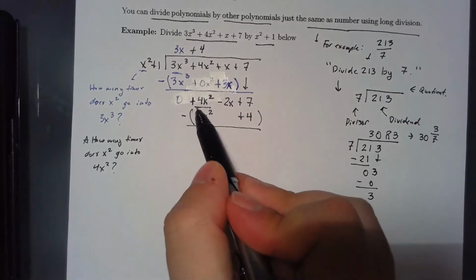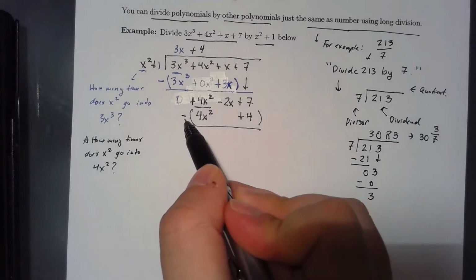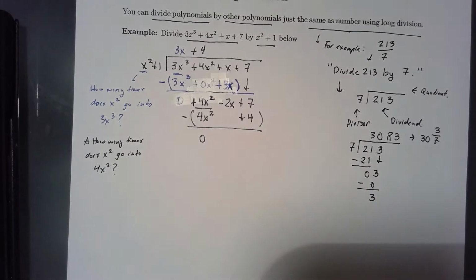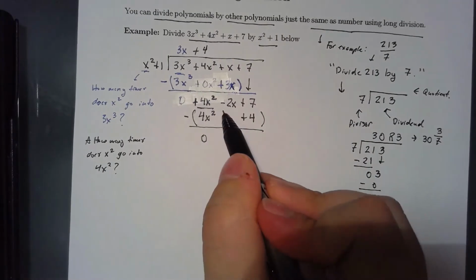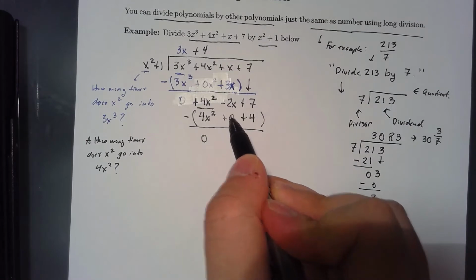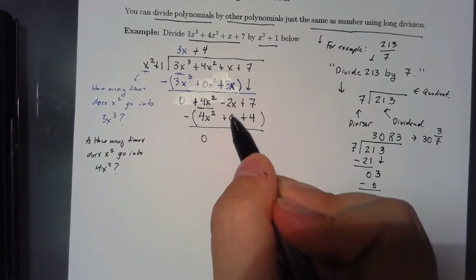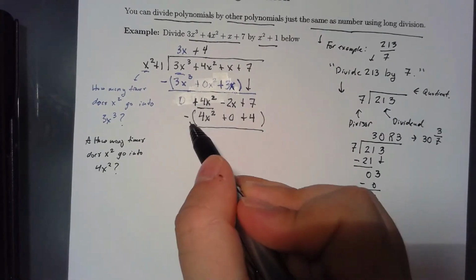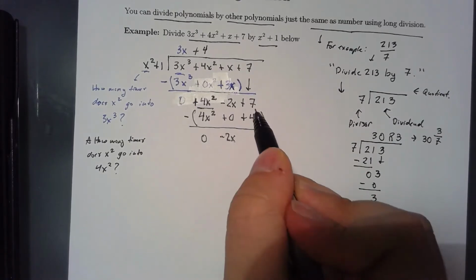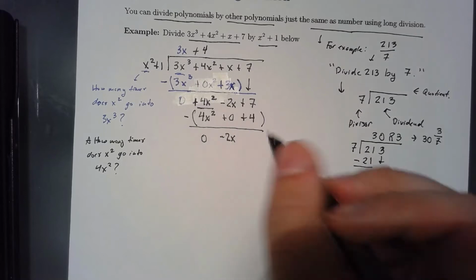Okay. Plus 4x squared minus 4x squared is 0. That's good. When you get that 0, that means you did it right. Negative 2x minus 0. I have a 0x term here. So negative 2x minus 0 is just negative 2x. And then 7 minus 4 is 3.